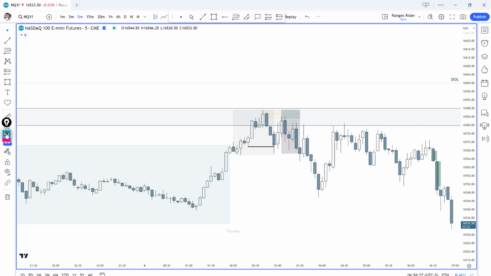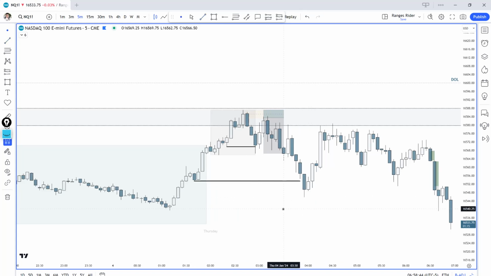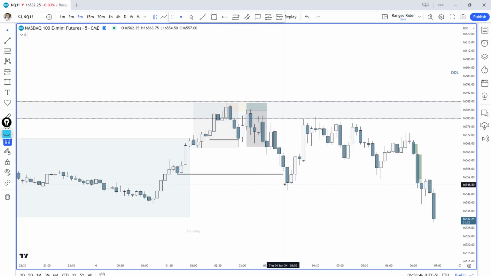Then the price came down and it took the external range liquidity again. And whenever price takes the external range liquidity, what happens? It pulls back much deeper. So in this case, now what is my protected high?